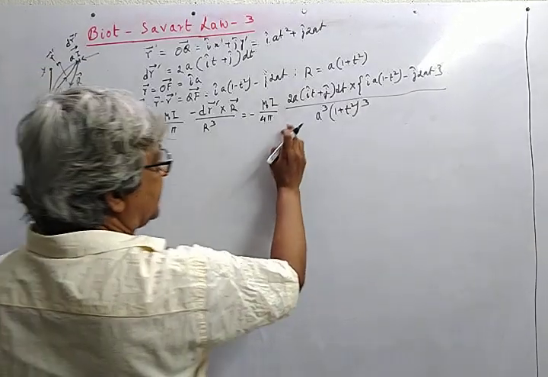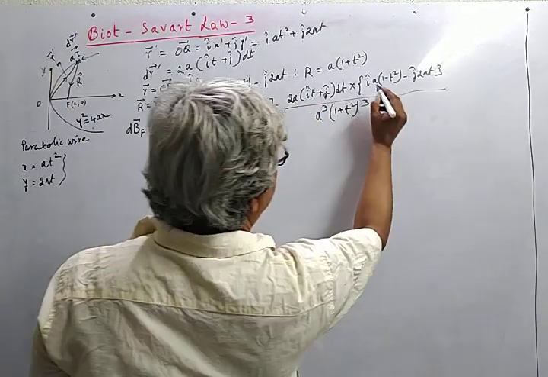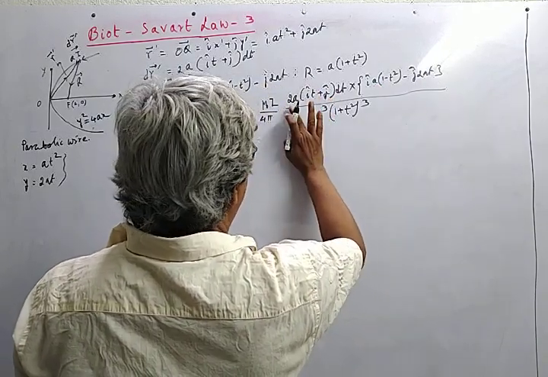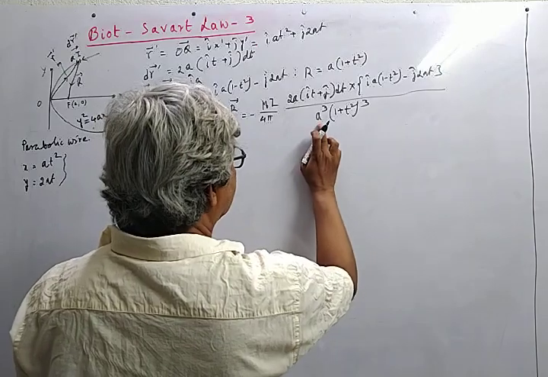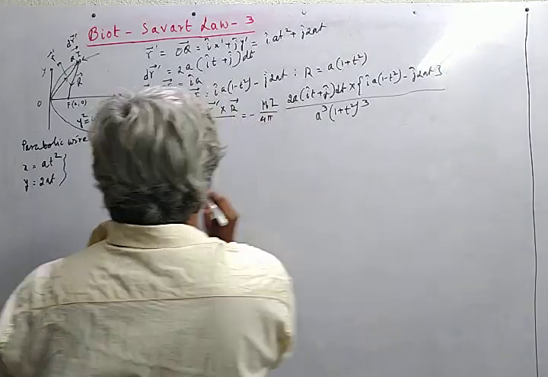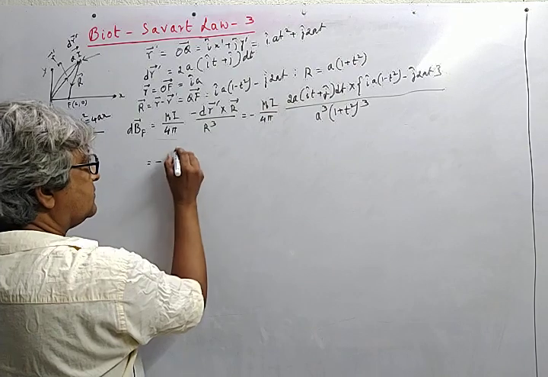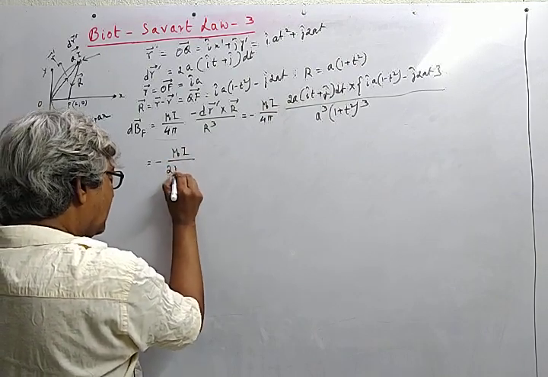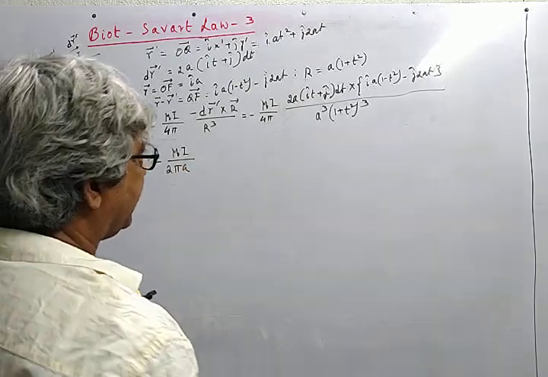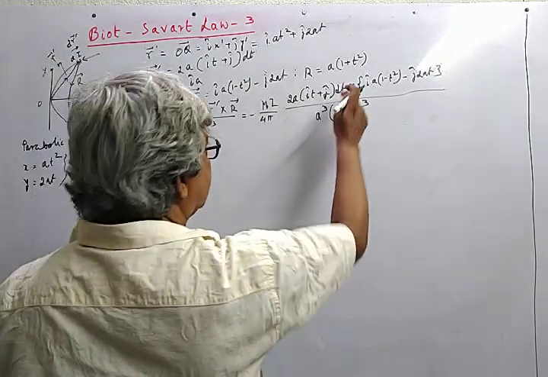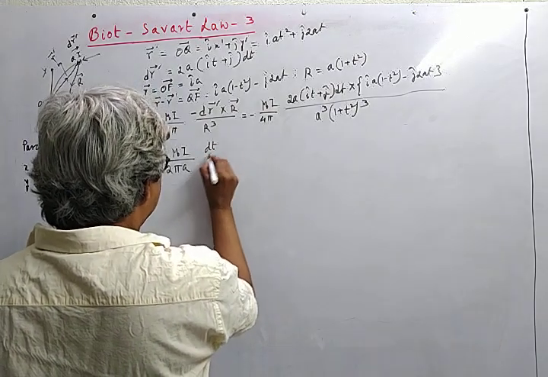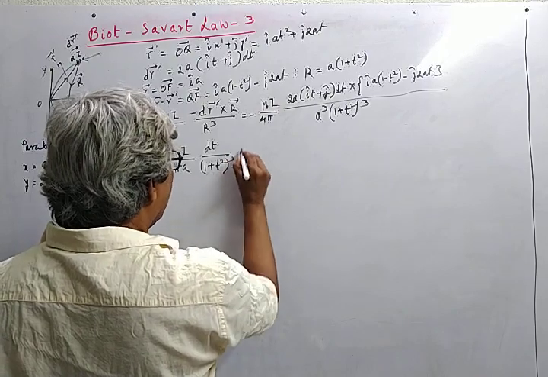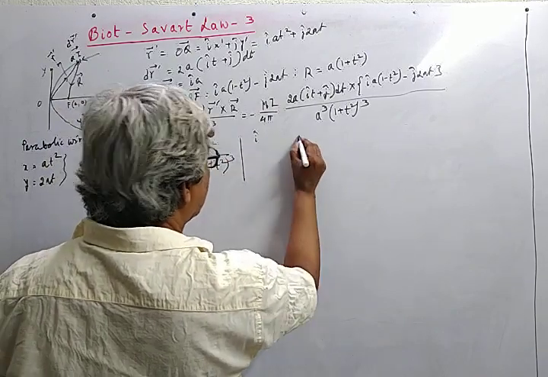So there is an a over here and there is an a in both the terms, so a taken common. So this makes it 1 by a, and these two make 2 pi a, with dt by 1 plus t square whole cube, and the rest is the vector part.